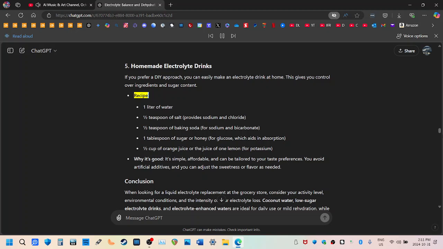Recipe: 1 liter of water. 1/2 teaspoon of salt, provides sodium and chloride. 1/2 teaspoon of baking soda, for sodium and bicarbonate. 1 tablespoon of sugar or honey, for glucose, which aids in absorption. 1/2 cup of orange juice or the juice of 1 lemon, for potassium. Why it's good? It's simple, affordable, and can be tailored to your taste preferences. You avoid artificial additives, and you can adjust the sweetness or flavor as needed.